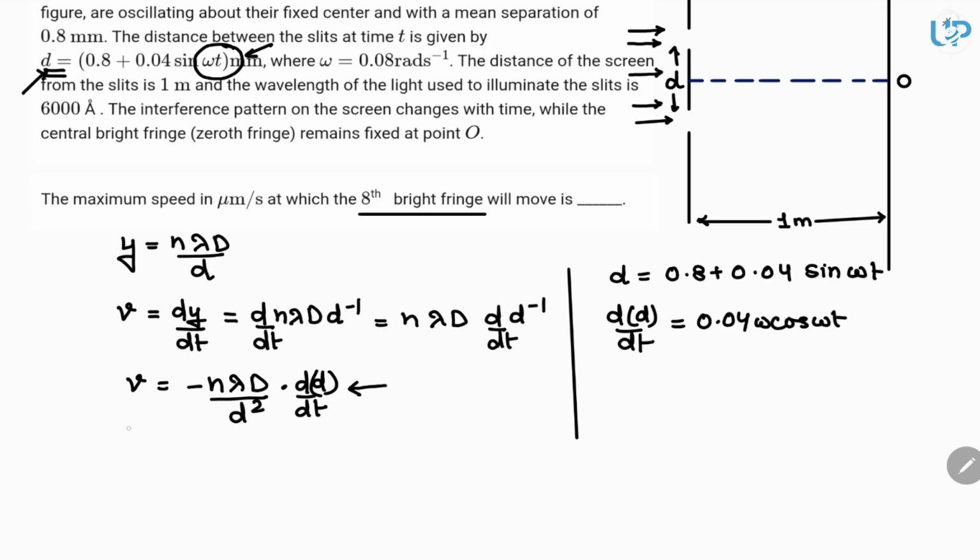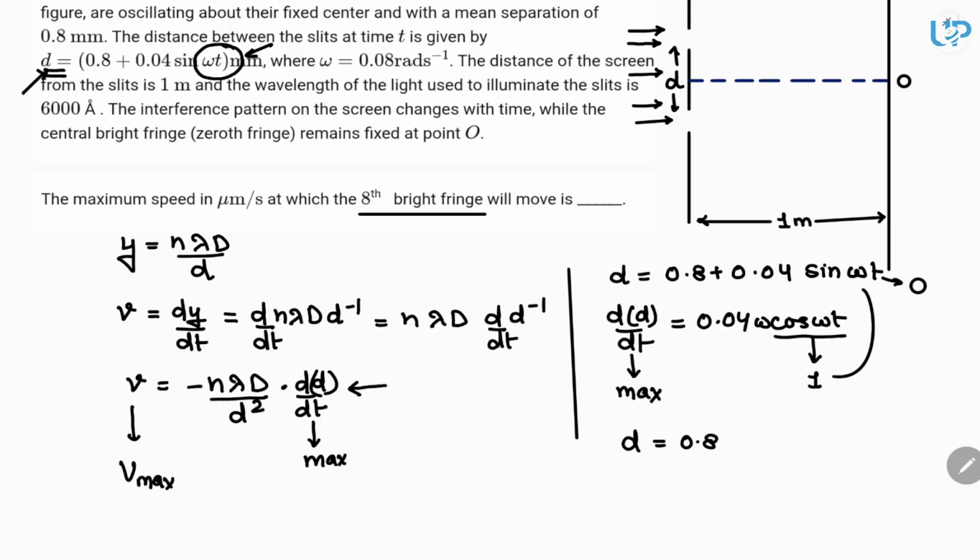Now, if we want this velocity to be maximum, this d by dt should be maximum. And for d by dt to be maximum, cos omega t should be 1. If cos omega t is 1, then sin omega t must be 0. And if sin omega t is 0, then d is equal to 0.8 mm.